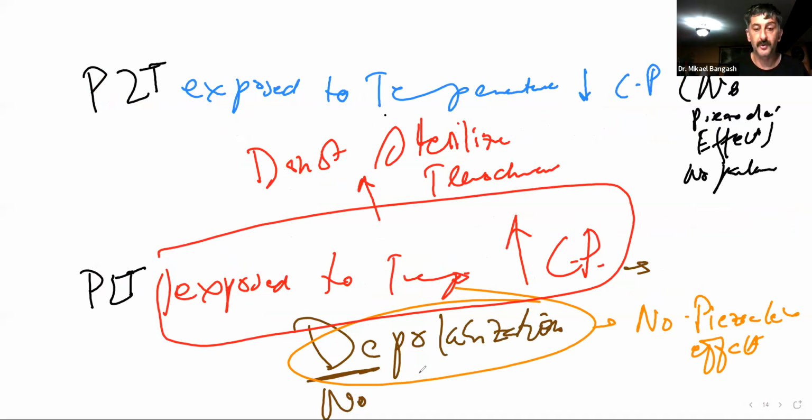It's going to lose its capacity to polarize. And if a piezoelectric material doesn't polarize, it will not be able to perform the process that is required to convert one form of energy into another.